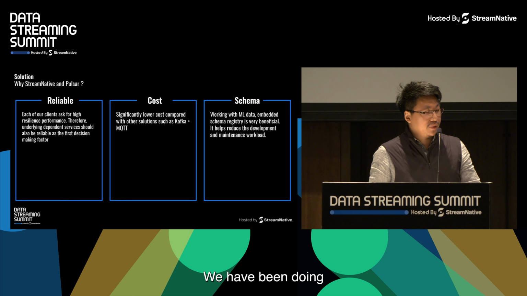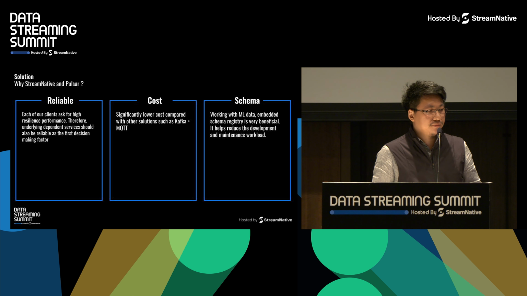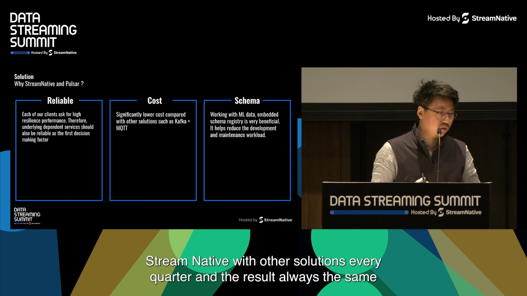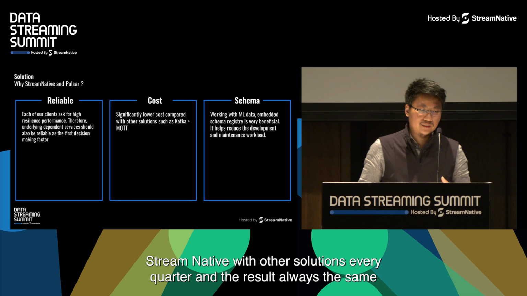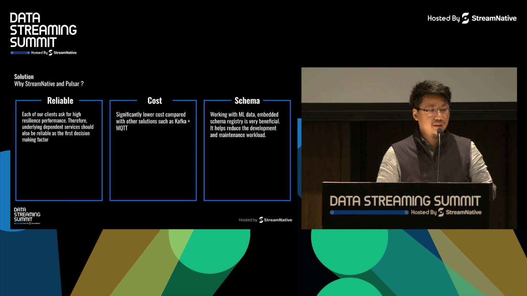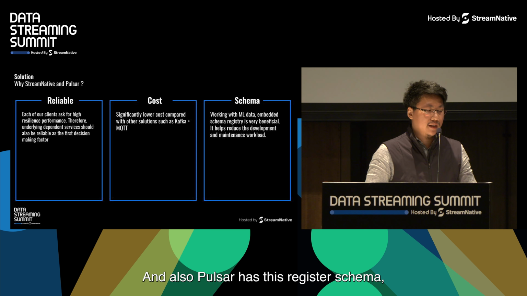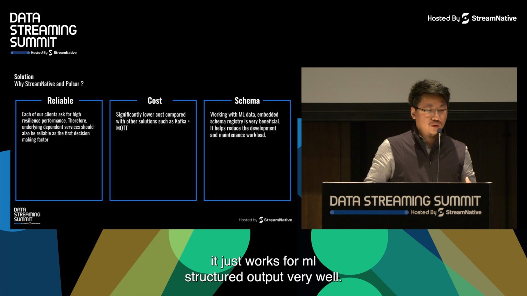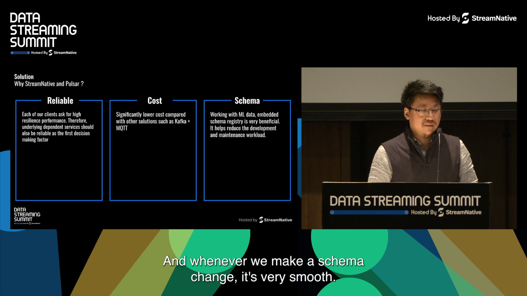We have been comparing Pulsar on StreamNative with other solutions every quarter, and the result is always the same: StreamNative is the cheapest solution for us. Also, Pulsar has the schema registry. It works very well for ML structured output, and whenever we make a schema change, it's very smooth.